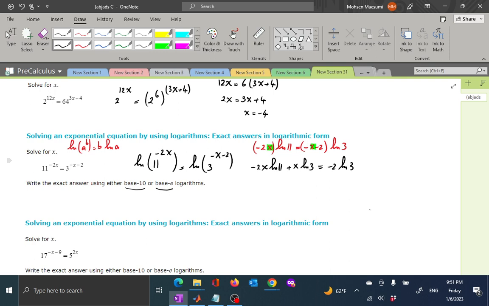Now I factor my x. I'll have x times minus 2 logarithm of 11 plus logarithm of 3 is equal to minus 2 logarithm of 3. So x can be written as minus 2 logarithm of 3 over minus 2 logarithm of 11 plus logarithm of 3.